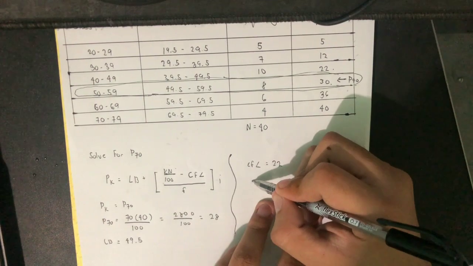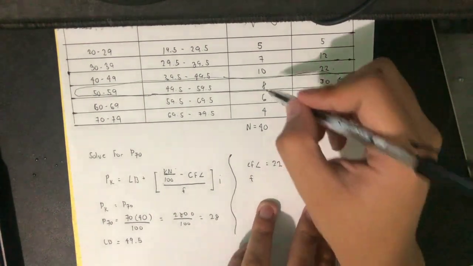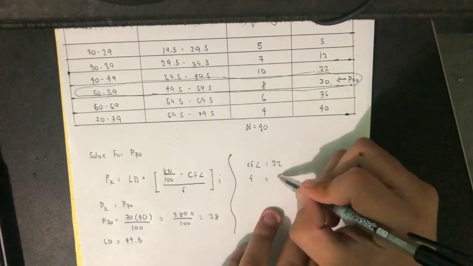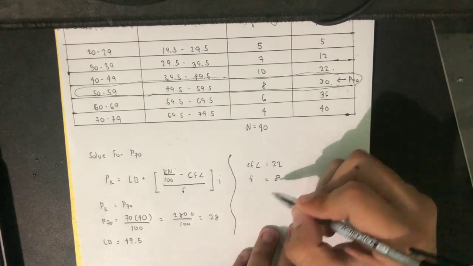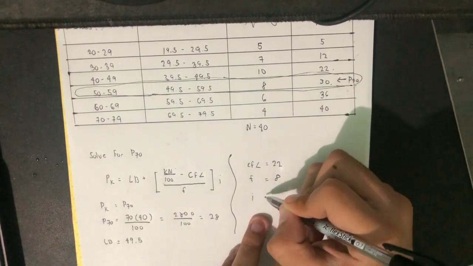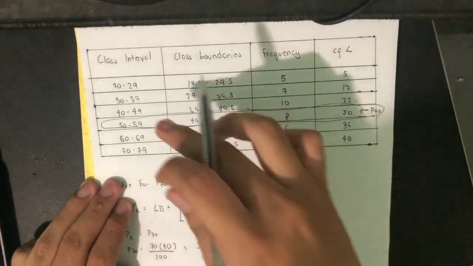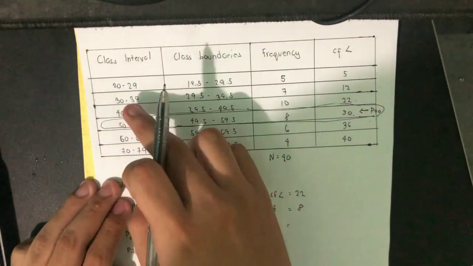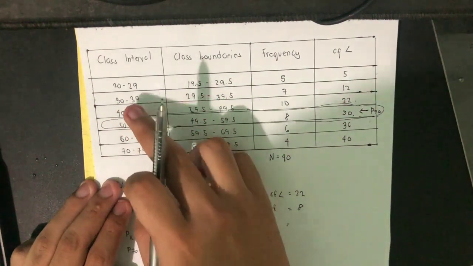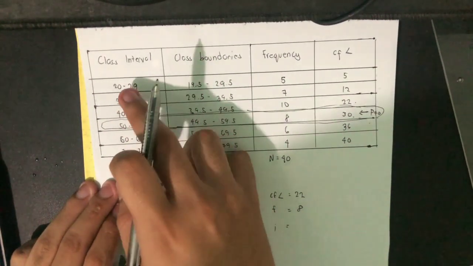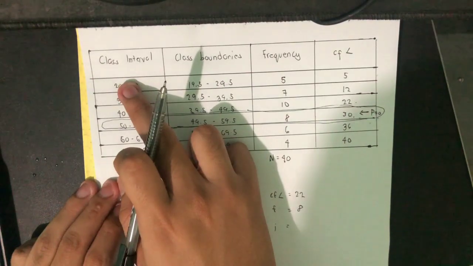Then let's find the frequency. The frequency is given here. It is 8. Then the class interval. Getting the class interval is subtracting the lowest class interval of the second row by the lowest interval of the first row.